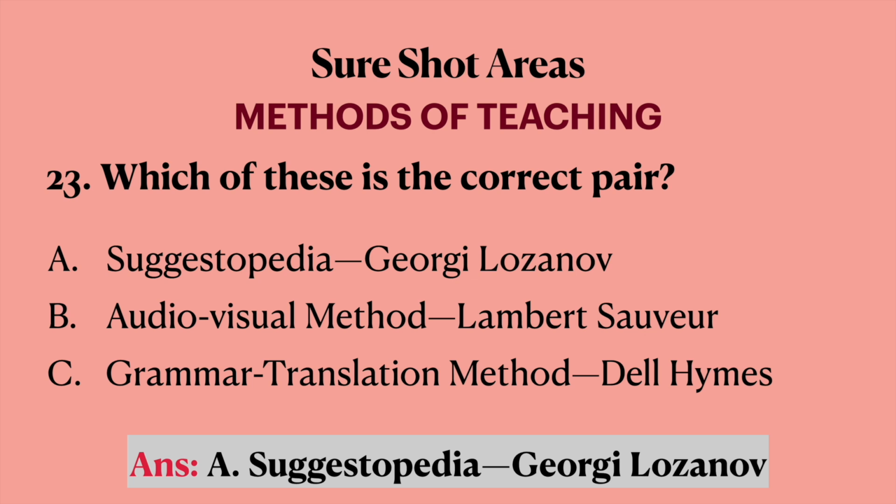Suggestopedia, developed by the Bulgarian psychiatrist Georgy Lozanov, is a method of teaching foreign languages by using positive suggestions. Lambert-Sauveur is associated with the direct method of teaching. Dell Hymes, you might know, is the man who coined the term communicative competence.